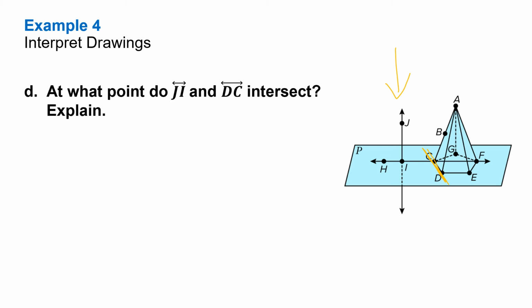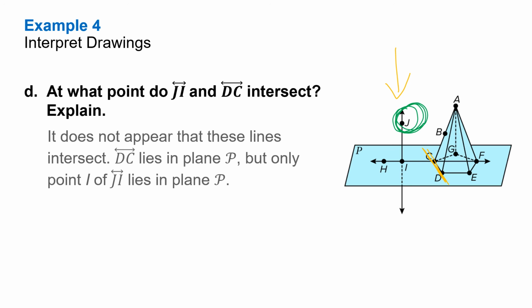Line DC lies in plane P. But if we look, point J, right here at the top, is not in the boundaries of plane P. So that tells us that point J does not lie in plane P. So that means part of the line JI does not lie in plane P. And as a matter of fact, the only part of line JI that lies in plane P is point I. But point I is not on the line CD. So they actually do not intersect.